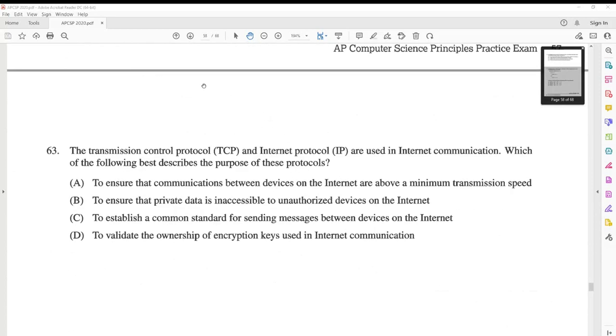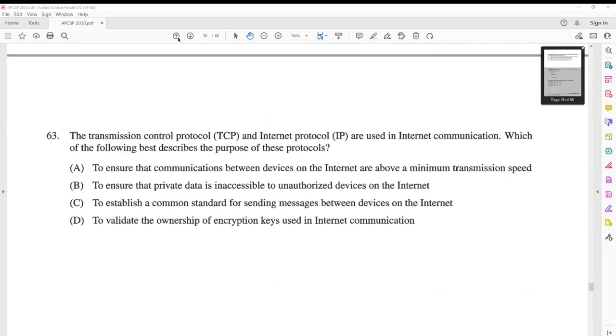Number 63, you have a TCP/IP problem. Which of the following describes the purpose of the protocol? TCP/IP is to ensure the data is transmitted from one location to the other. Transmit speed. Private data. It's not private data. Common standard message between 2 systems.